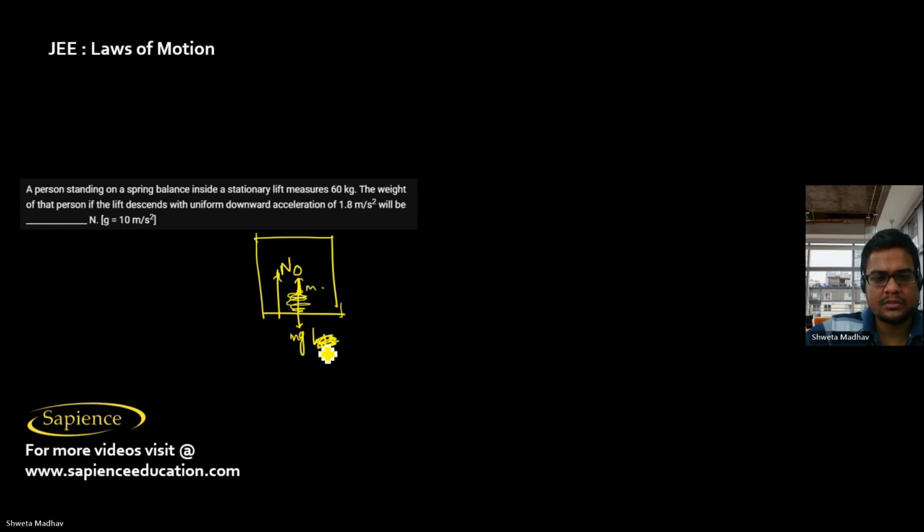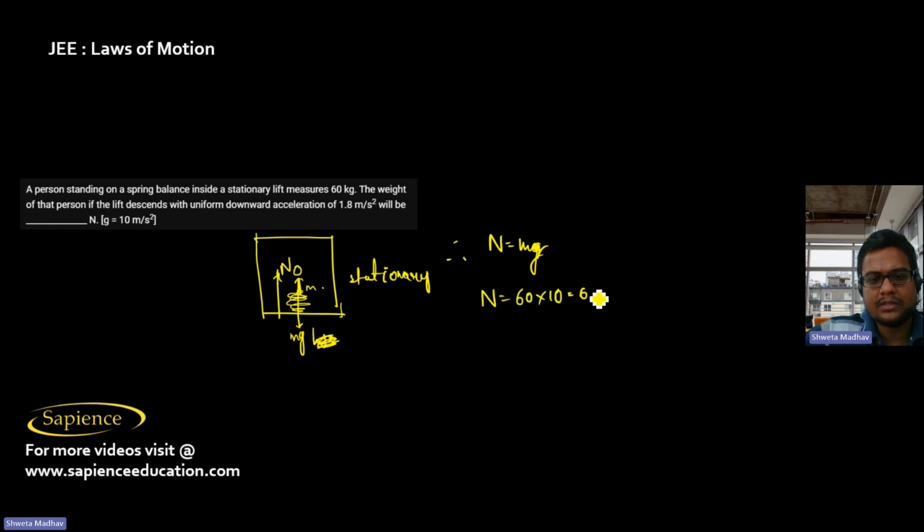If it is a stationary lift, then I can say N will be equal to mg. The normal reaction is mg only. So the normal reaction will be 60 into 10, that is 600 Newton. So the actual mass of that person also is 60 kg.